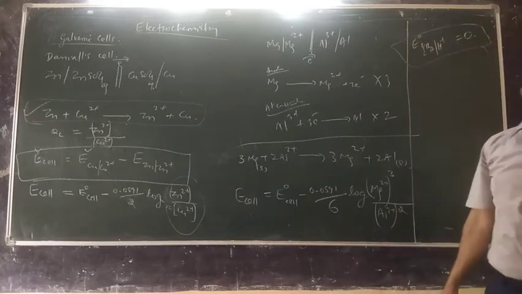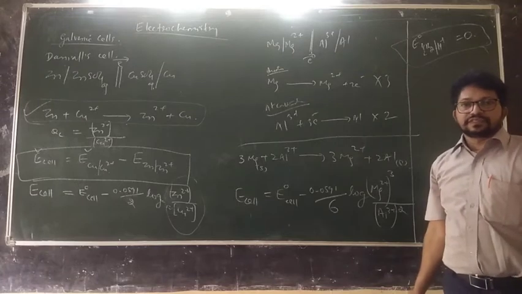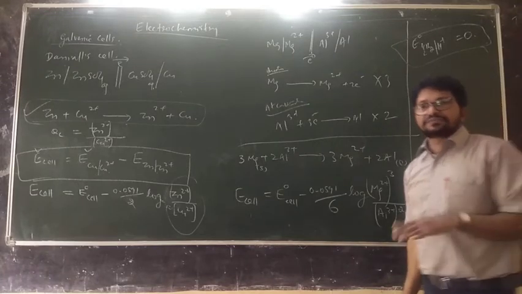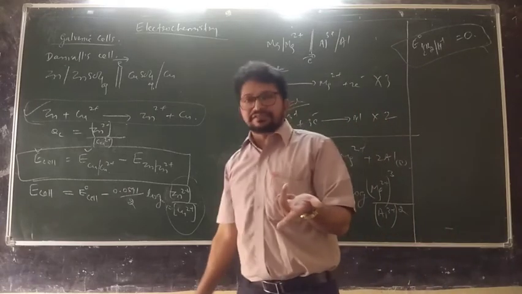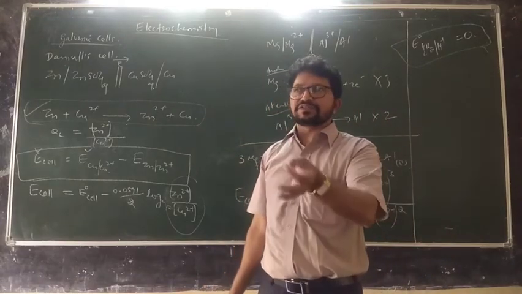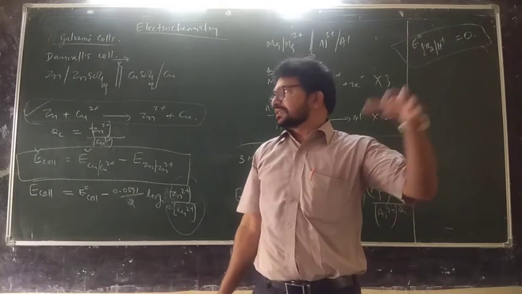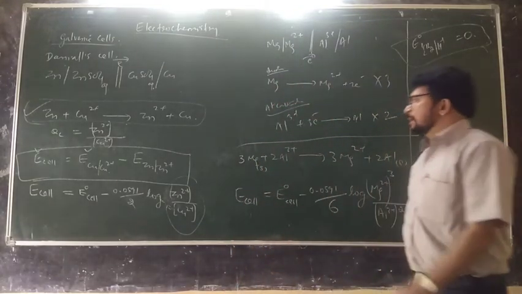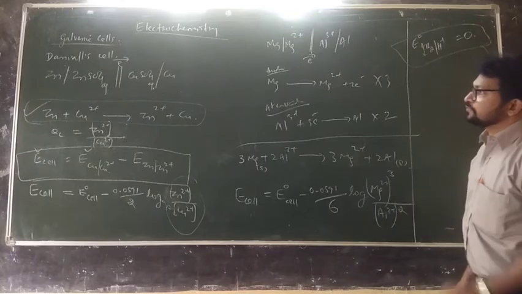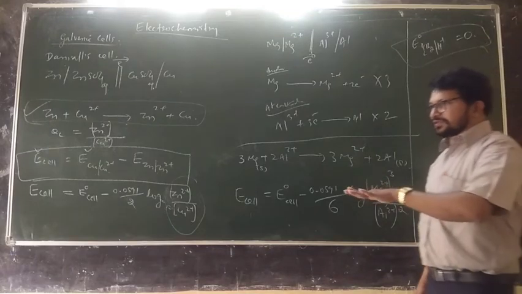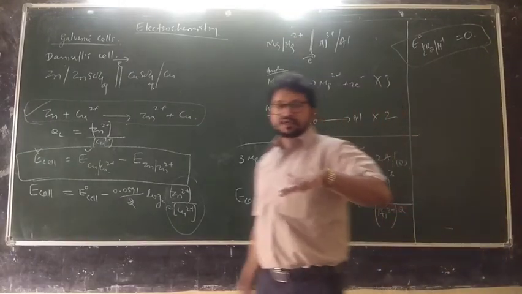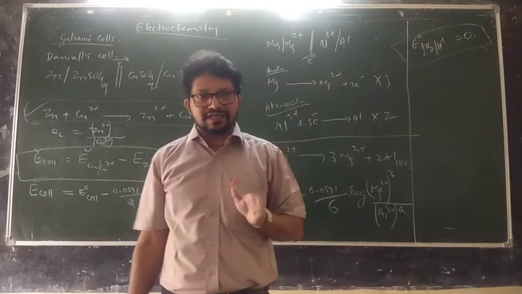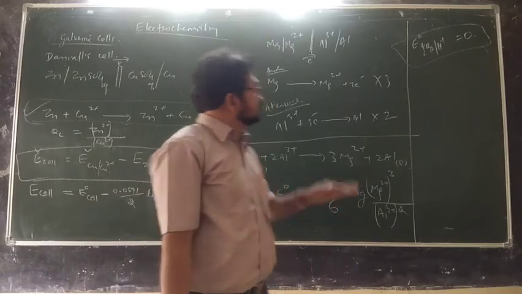Then the other one you have to calculate. Suppose if E of cell is given, the other electrode potential is calculated. If the standard hydrogen electrode is used and the other electrode potential is known, E of cell is also easily calculated. So this is all about one part, the galvanic cell and its related problems on calculation of EMF.